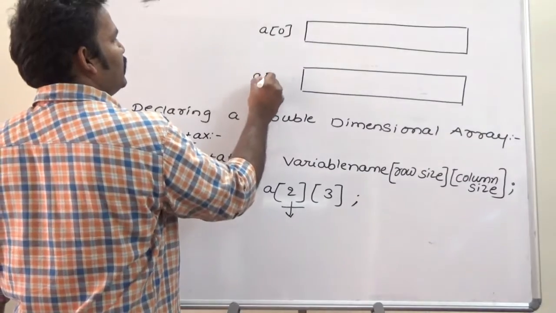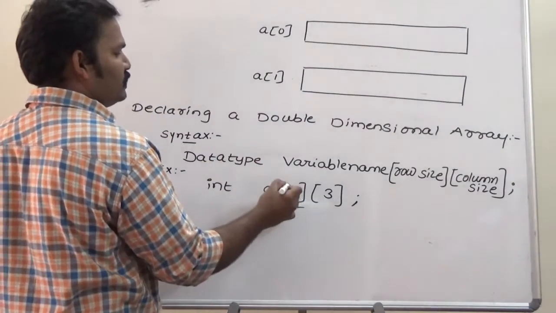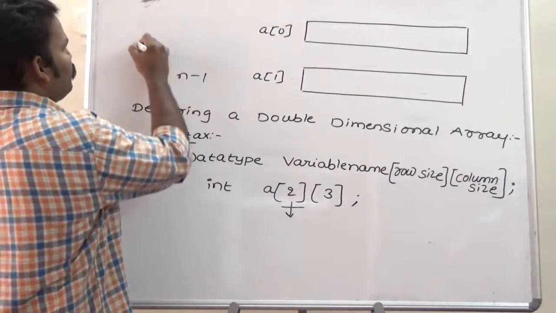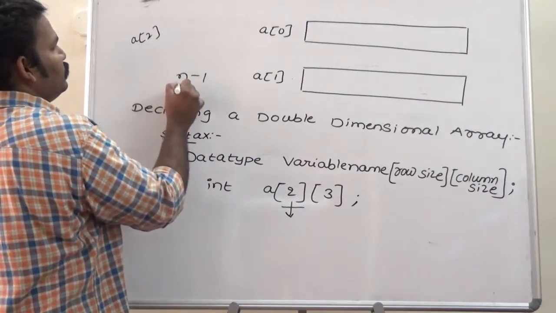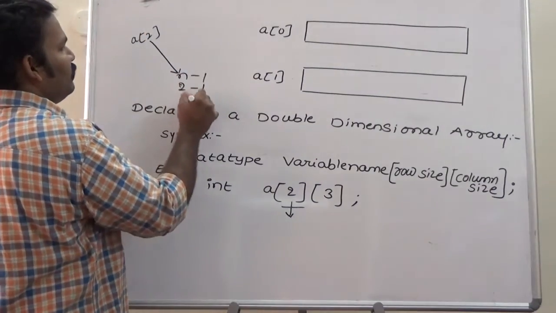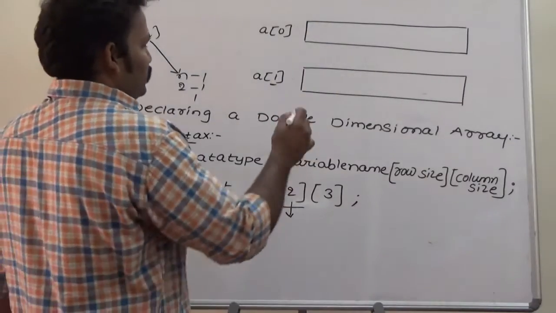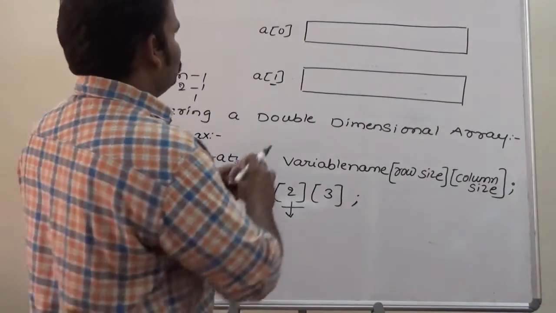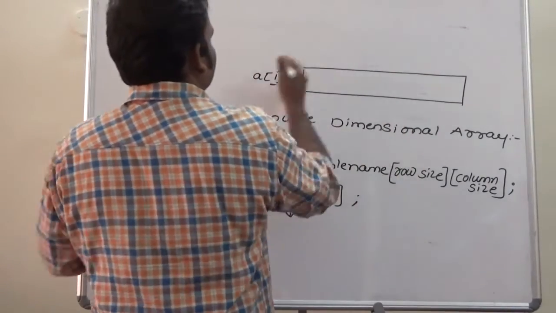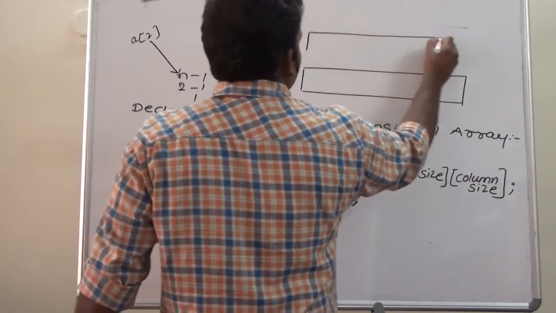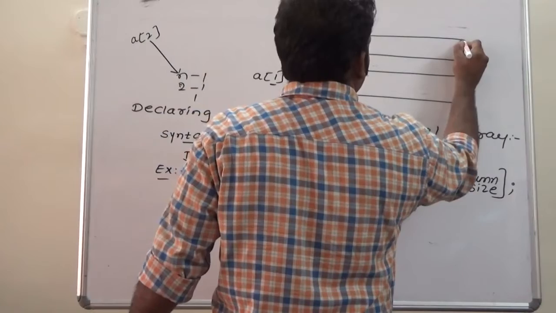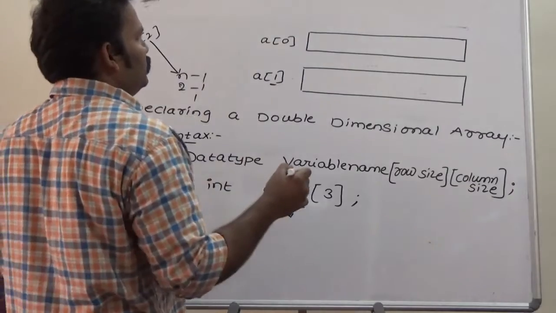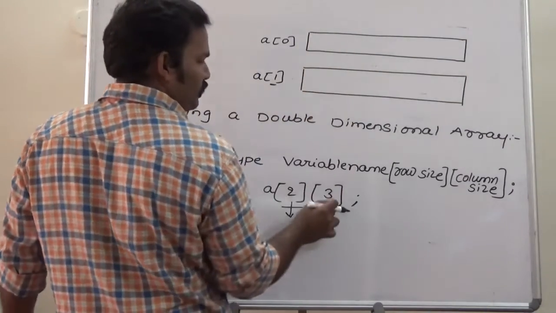It ends with n minus 1. For a of 2, the size is 2, so 2 minus 1 is 1. Next the column: A of 3.